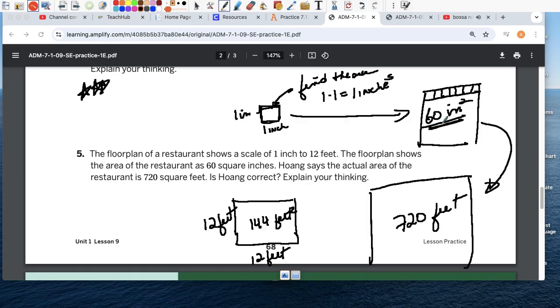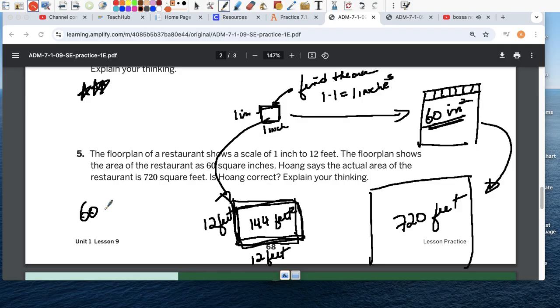So 60 of those times 144, right? This, in terms of feet, gets represented by 144 feet squared, because every inch is 12 feet. But how many of these do you have in the restaurant? You have 60 of them.